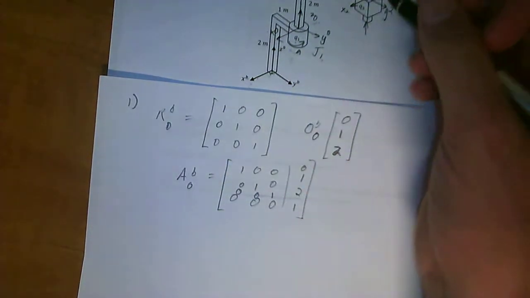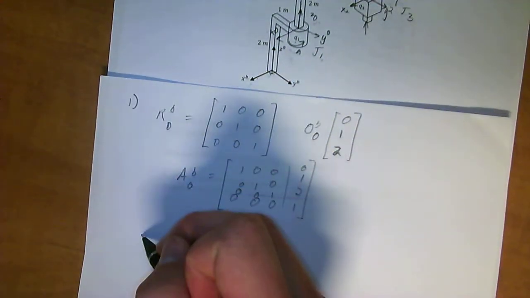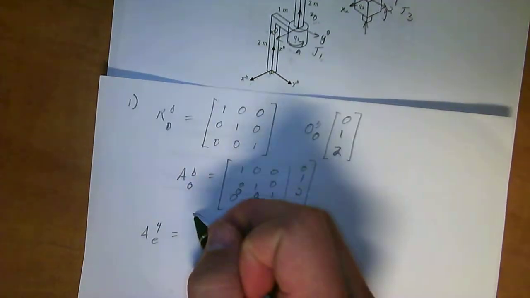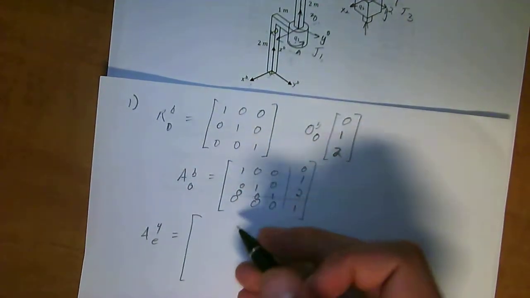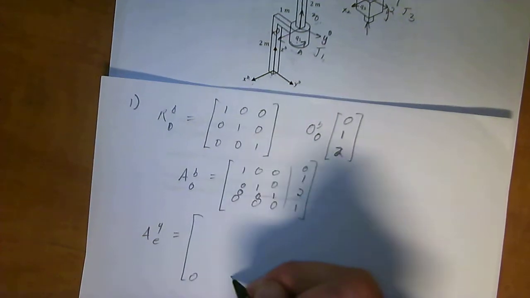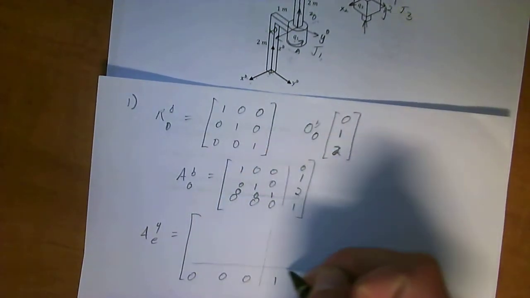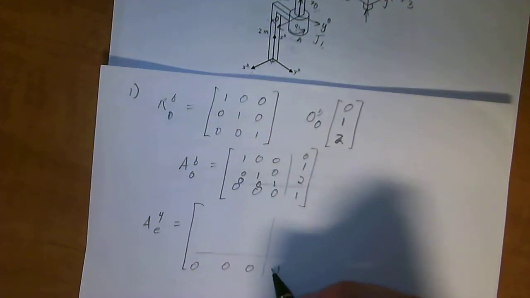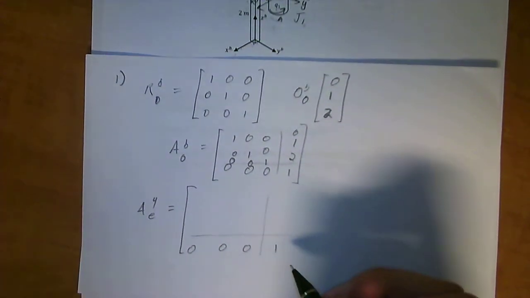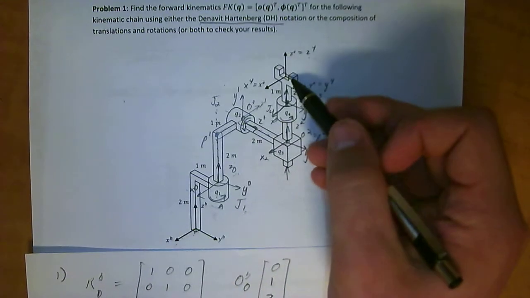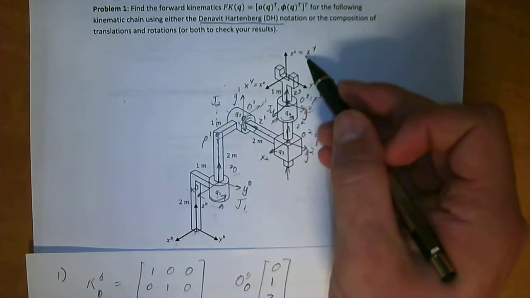So from the base axis system to the 0 axis system. This is going to be equal to the identity rotation, then 0, 1, 2, which is the O, and then 0, 0, 0, 1. Sorry, I made that a little tighter than it should have been, but that's the matrix right there.